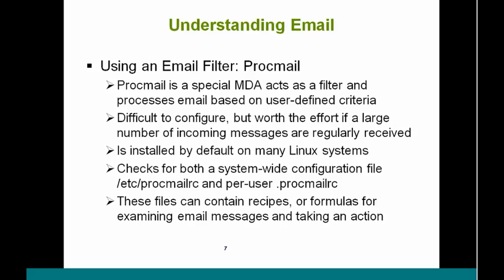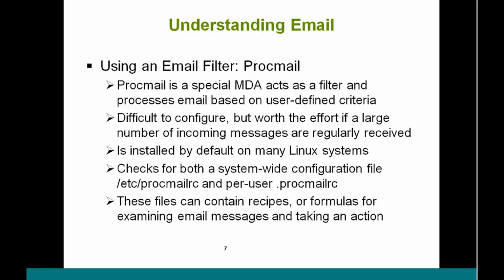Procmail itself checks for a system-wide configuration file, which is stored in /etc/procmailrc, and then it goes into your home directory to look for a .procmailrc file. So the configuration is done in two ways.